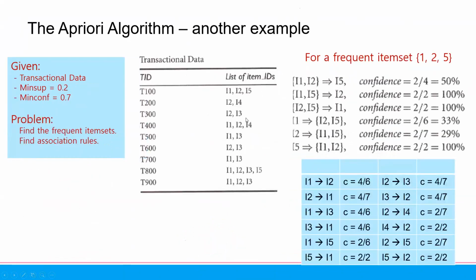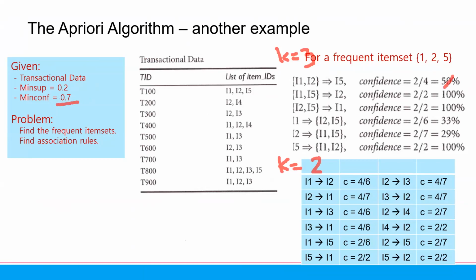And we can calculate the association. We can calculate the confidence. You can have the confidence when K equals to 2. You can have the confidence when K equals to 3. And then check which associations have confidence more than 0.7.